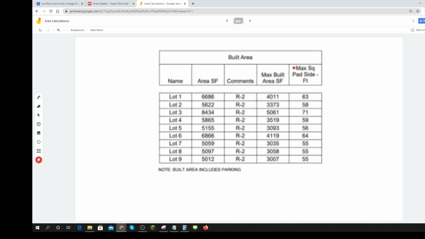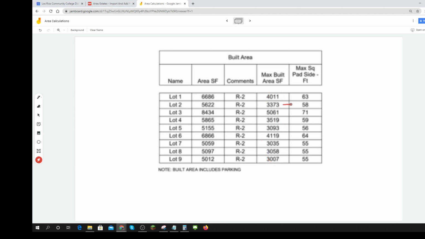So how do I find my maximum square that will give me this area? Okay, so again, there's got to be some calculation here that is common every single time based on this max built area.